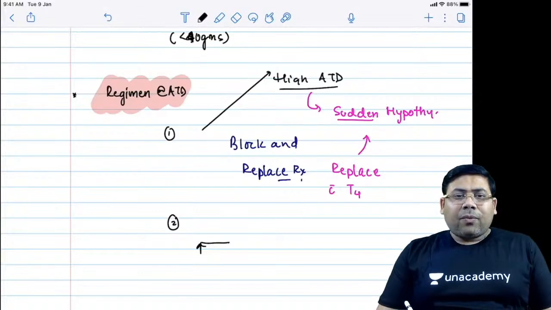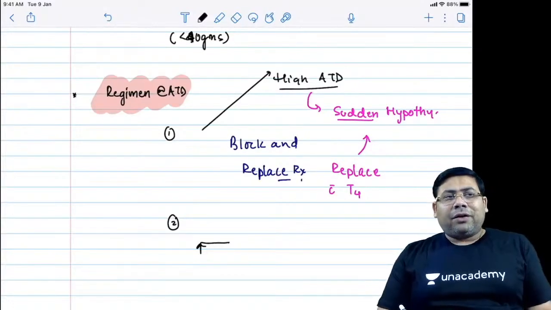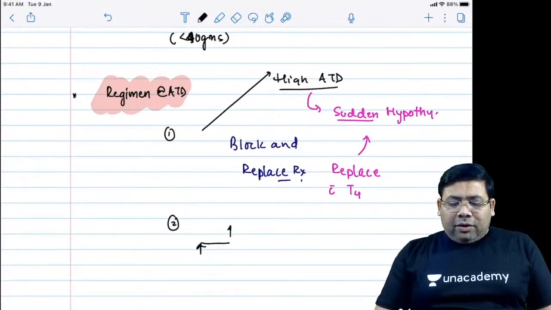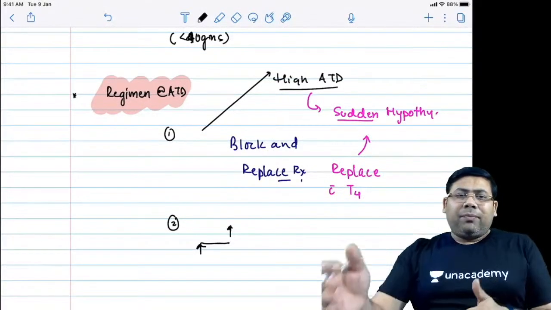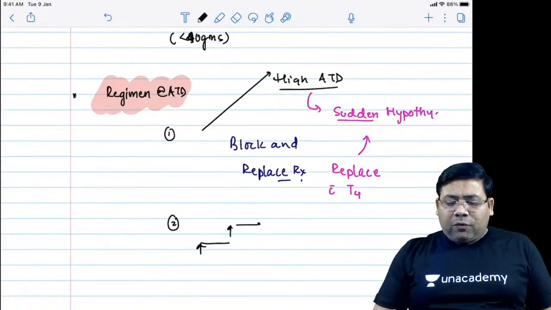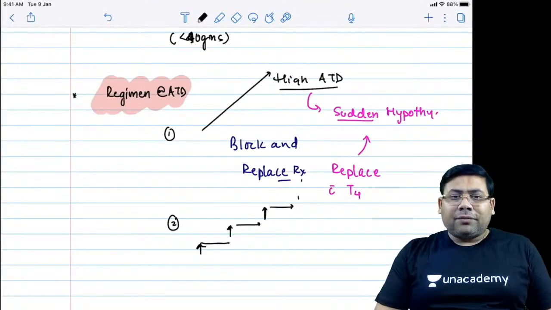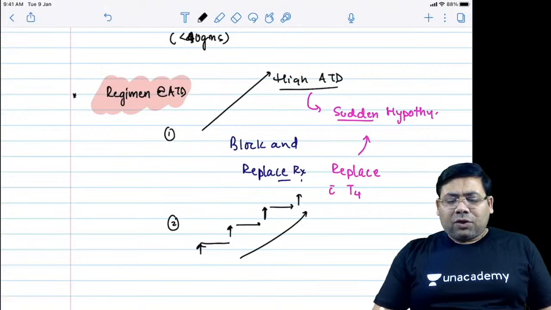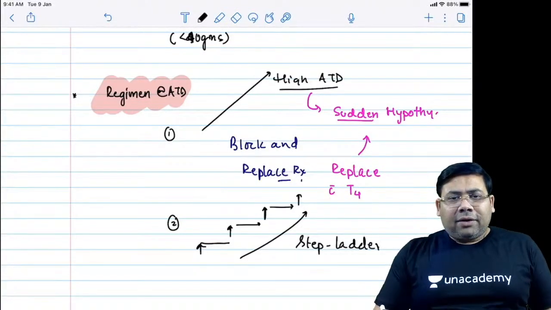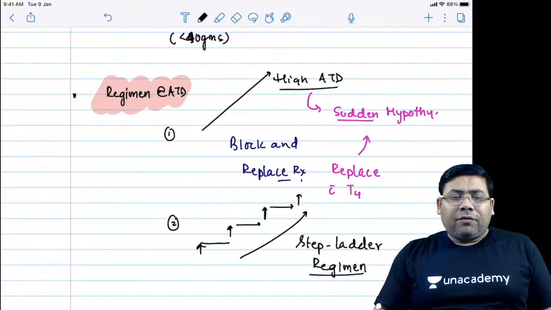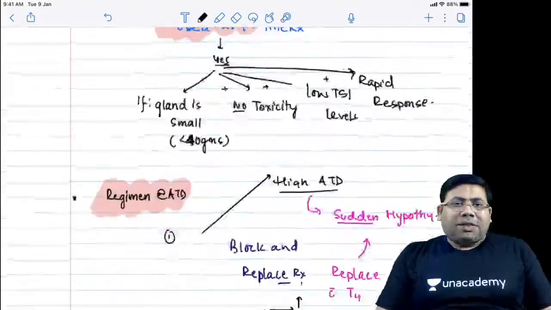Like I was telling you, start methimazole 10, no effect, 10 BD, then escalate to 20 OD, 20 BD, like this, then up to 40. This is known as the step ladder regimen. Step ladder regimen is very, very important.